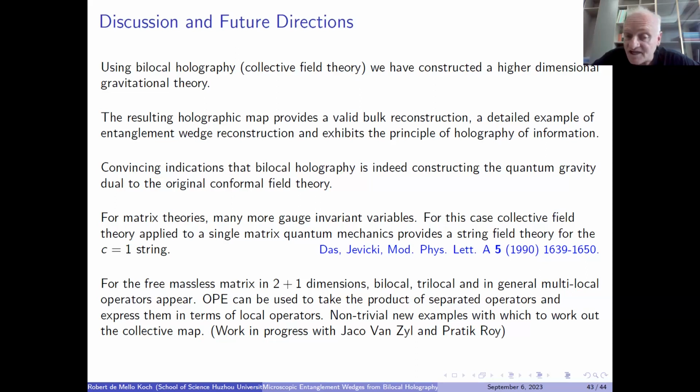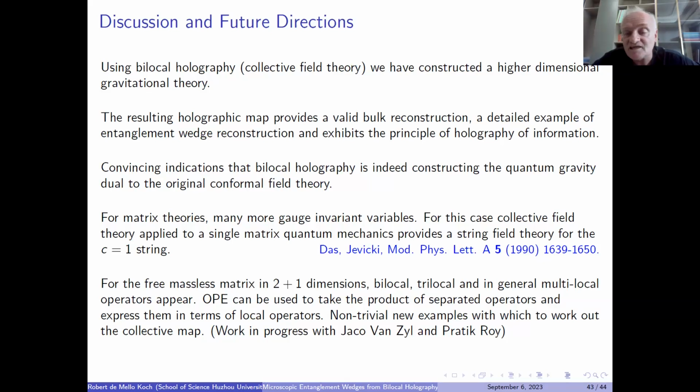That's work in progress being performed with Jaco van Zyl and Pratik Roy. What I can tell you at this point is that because you have more coordinates appearing in the trilocals, quadlocals and so on, you have more bookkeeping coordinates. Four of the coordinates of the CFT go to reconstructing the AdS4, but you've got additional bookkeeping coordinates.